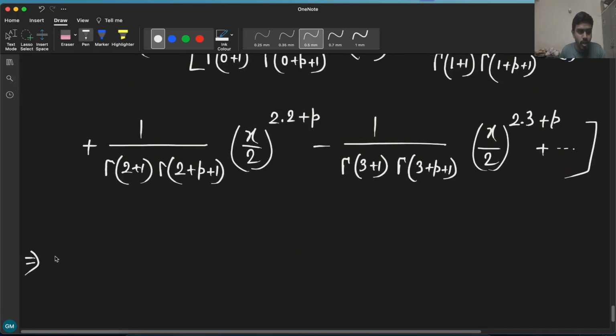In that case the solution will look like y of x for s equals p.